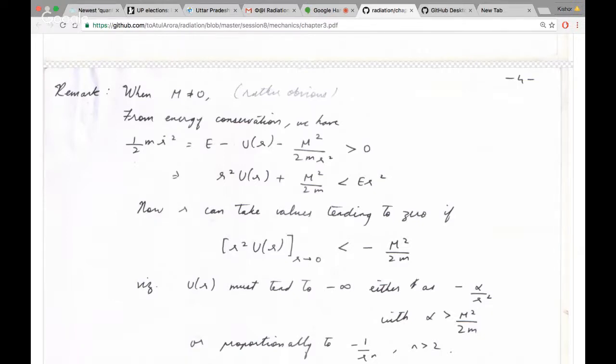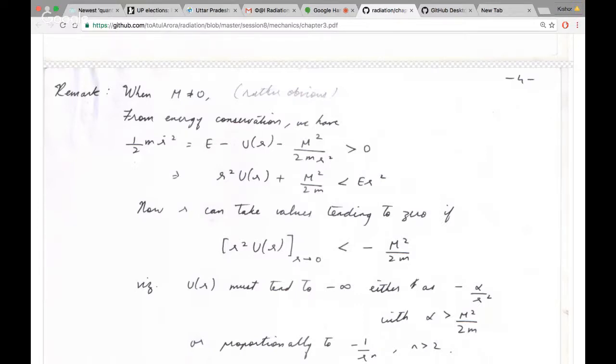So r can take values tending to 0 in this inequality if you just take the limit r tending to 0. E r square goes to 0, and whatever is left is the inequality. So there is nothing surprising.